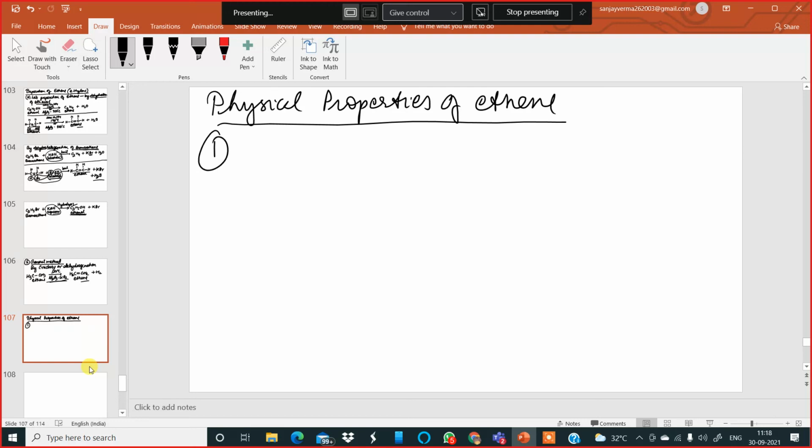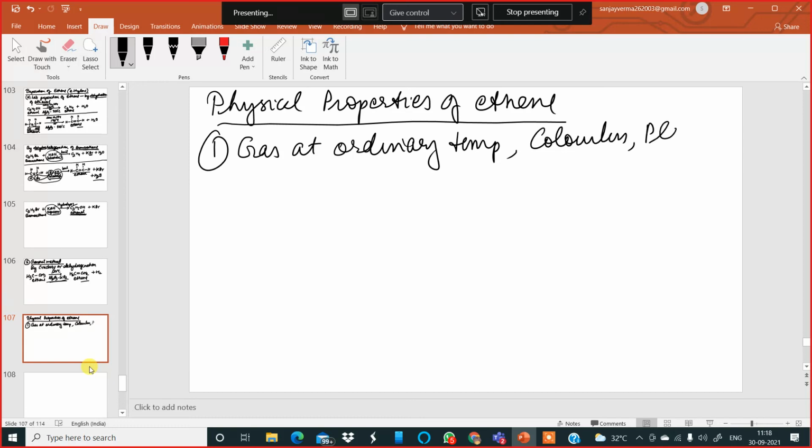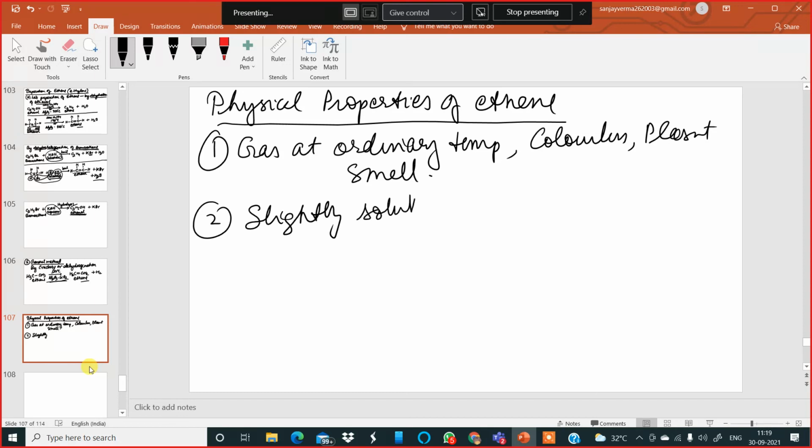Number one, ethene is a gas at ordinary temperature. Colorless. It has a pleasant smell. Number two, ethene is slightly soluble in water.